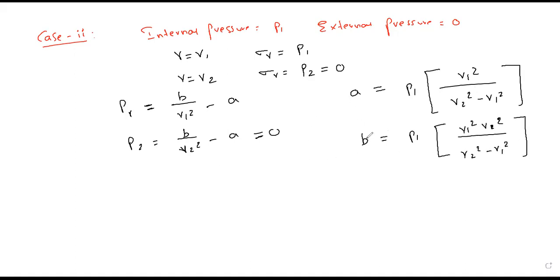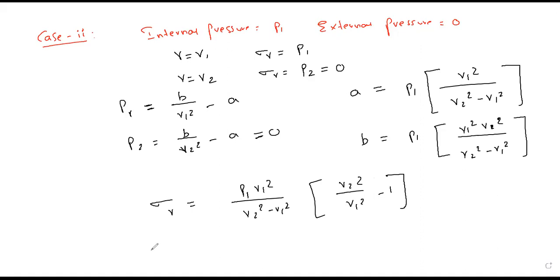With these two, you can calculate your radial stress as P1 R1 square by R2 square minus R1 square, times R2 square by r square minus 1. This is your radial stress, and your circumferential stress will be P1 R1 square by R2 square minus R1 square, times R2 square by r square plus 1.